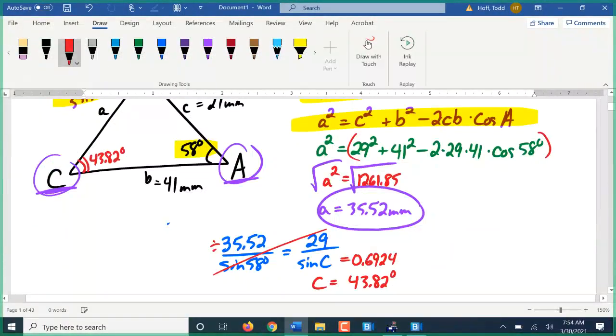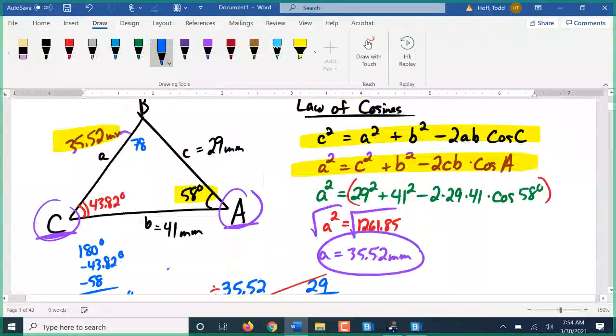So B is going to be 180 minus that 43.82 minus 58, which comes out to be 78.18 degrees. Now again, B came out to be an acute angle, but we would not have known that for sure if we'd looked for B using the 41 millimeter side first.